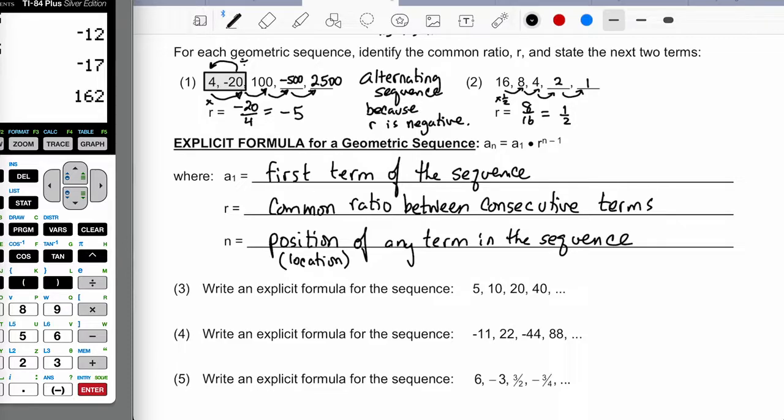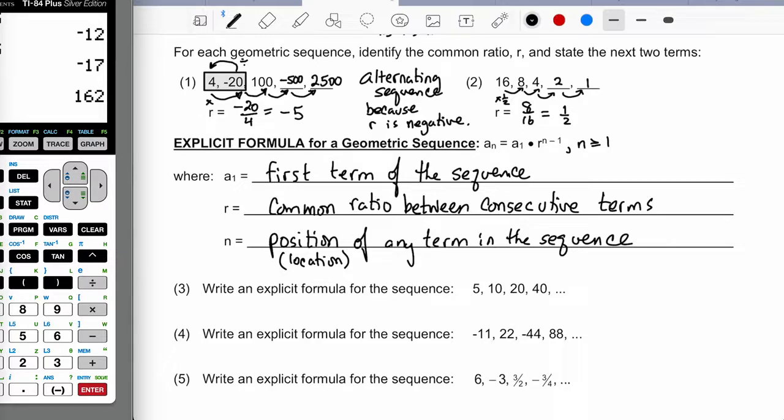I figured I would specify that. Little typo for somebody. The rule should have the domain n greater than or equal to 1, because it always needs to.